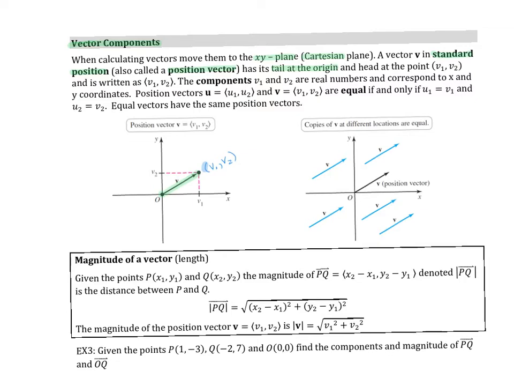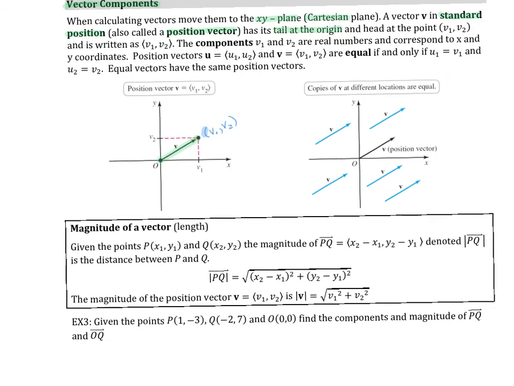So if we were going to describe this vector, we could use vector brackets. When you are describing a vector, just make sure that you're using vector brackets and you're not using parentheses. So I could call this vector v with vector brackets v sub 1, comma v sub 2.